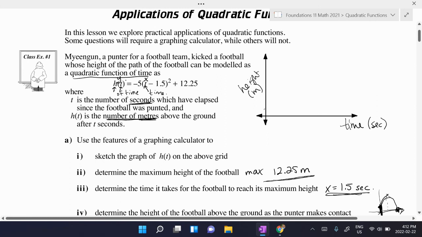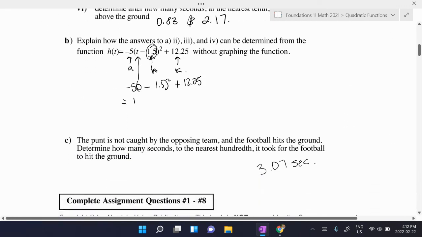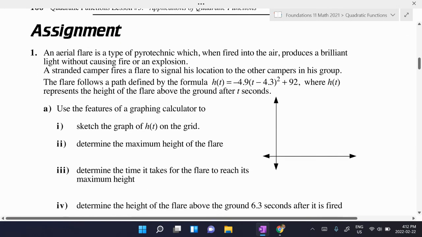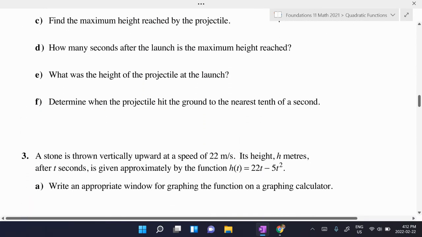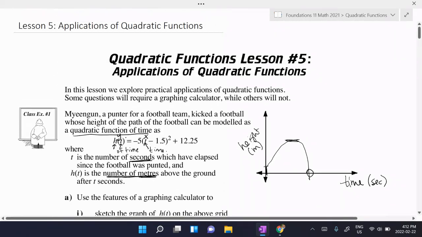If you think about the height of the ball, it's starting here and going up and over and down, and this is when it touches the ground again. This is your starting point at 0, and this is the top height of it. So the rest of these assignments, that's what it's all about: figuring out what your x and your y are. So go ahead. That's it.